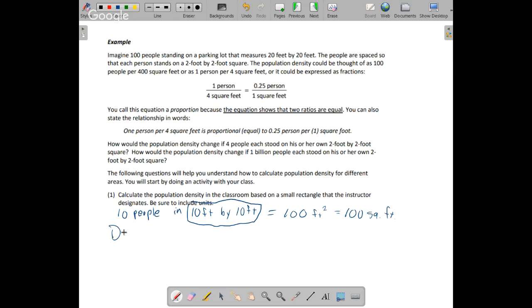As far as the density goes, density is just the number of people divided by the area. In this case, we have 10 people divided by 100 square feet. Now, 10 over 100 reduces nicely, so I could say that's 1 person for every 10 square feet.